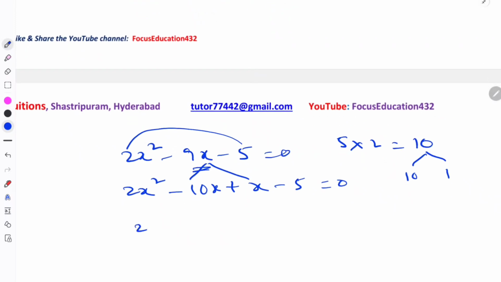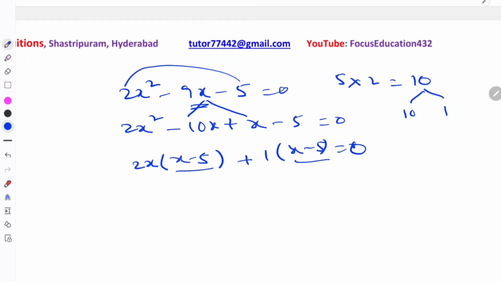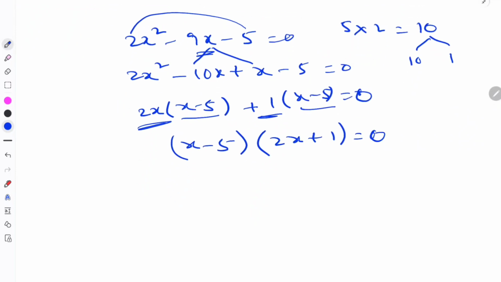Then we have to take common here 2x, x minus 5, plus 1, x minus 5 equal to 0. So here these two should be same, so x minus 5 is common here. Then what is remaining? 2x plus 1 equal to 0.